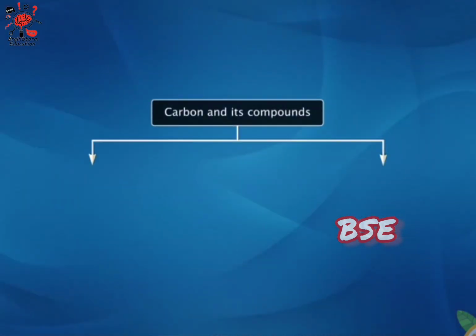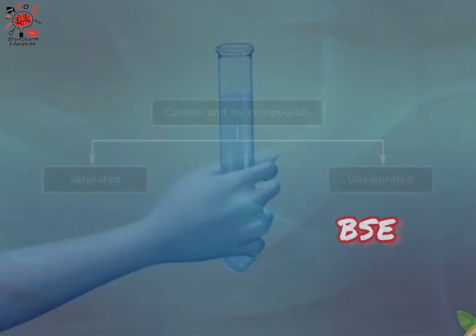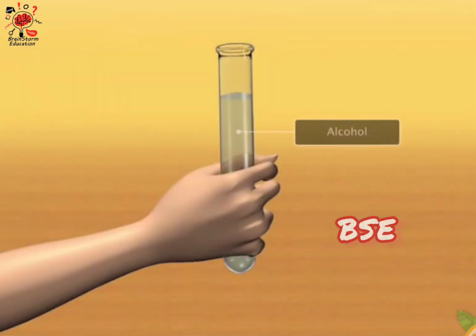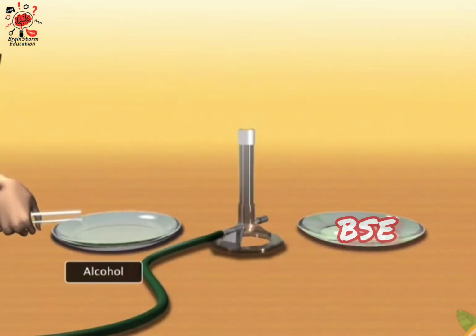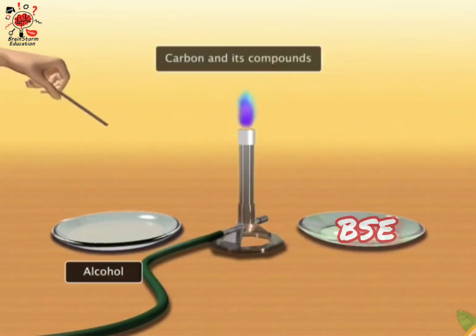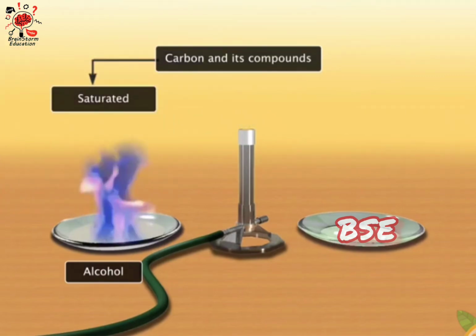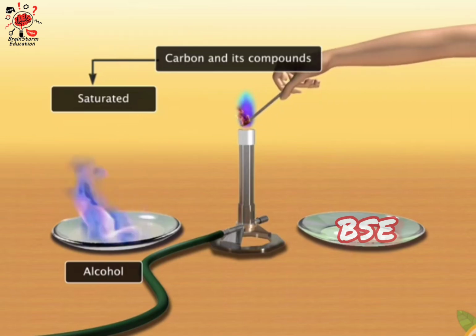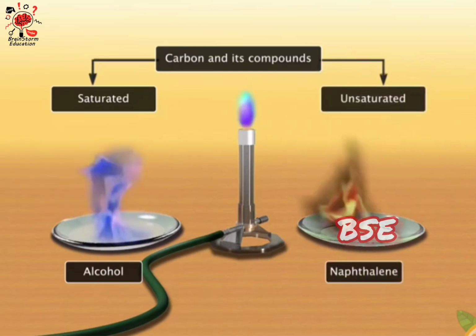Let's find out. Saturated carbon compounds burn with a clean blue flame. Unsaturated compounds burn with a sooty yellow flame.